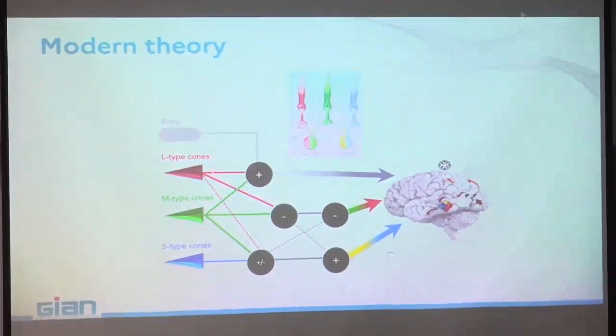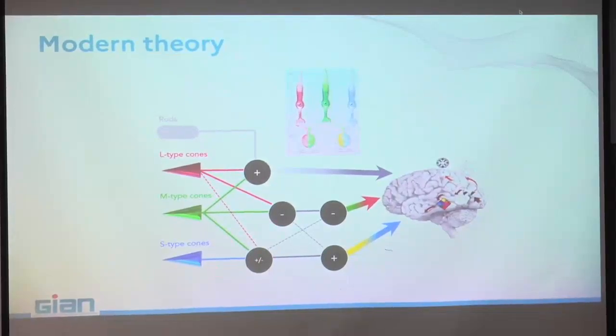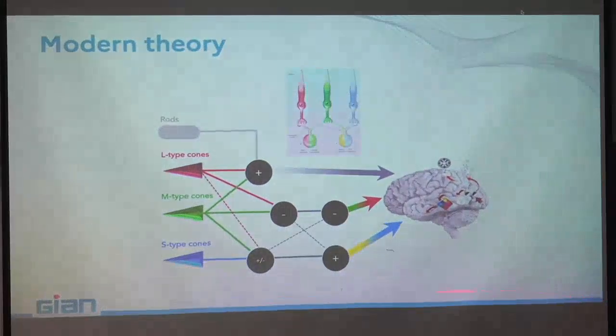We have rods, but in fact, the cones communicate between them. The red cones send information to the brain, and they send information to the other cones to inhibit the signal. And S cones, not only are they fewer in the retina, but they have only one termination. They don't interact with the others.